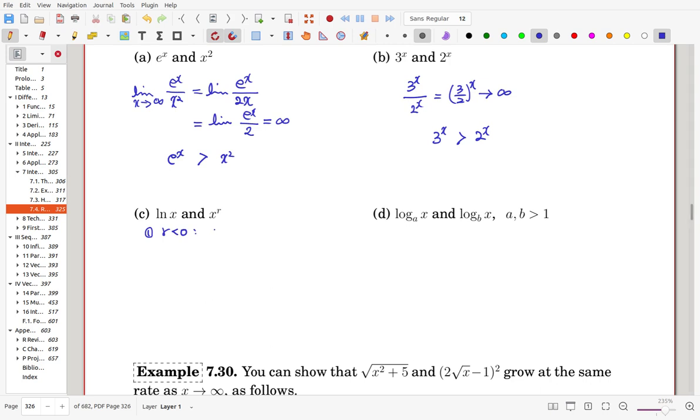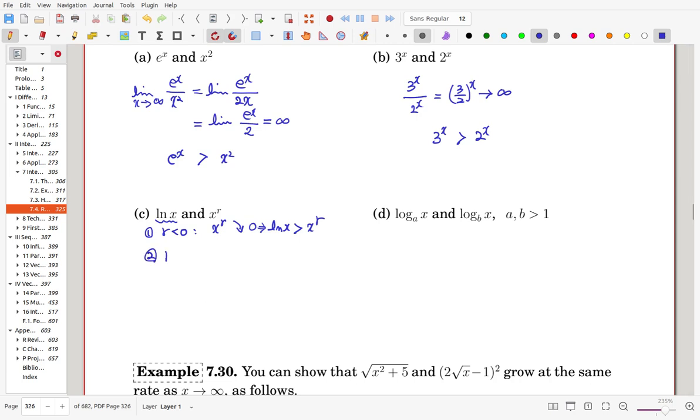Then we know that x to the r is approaching 0, so definitely logarithm x is going to infinity, and so is growing faster than that one. So here logarithm x is growing faster than x to the r. Quite easily we can say that.